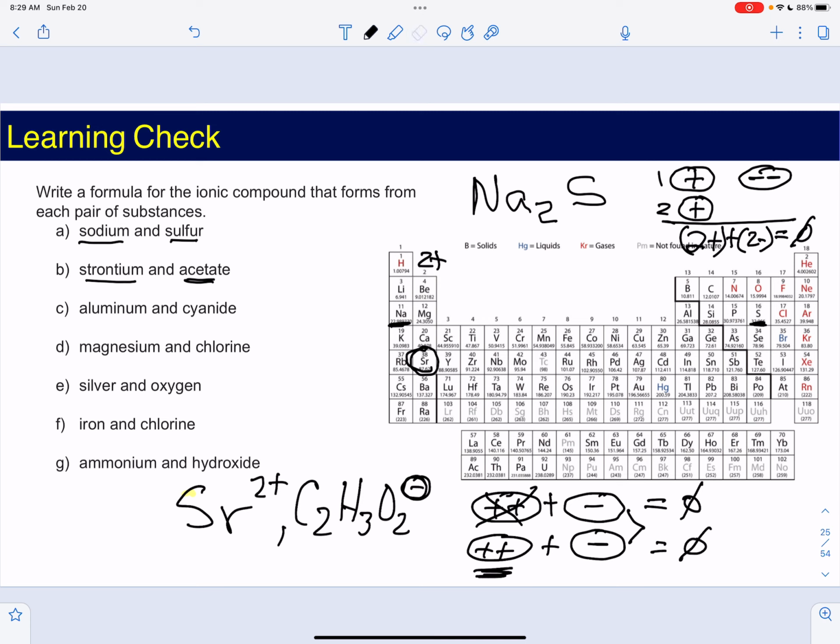I need one of those and 2 of these. But if you notice, if I do that, that looks like a 22. That's not what I want, and the charges are going to be gone, right? To make sure that I don't show you a 22, I put a parenthesis there. That way, that means I have one of those and 2 of these, which is what I was telling you, 1 and 2. So once more, we do not show the 1.